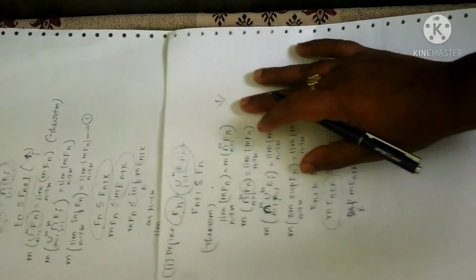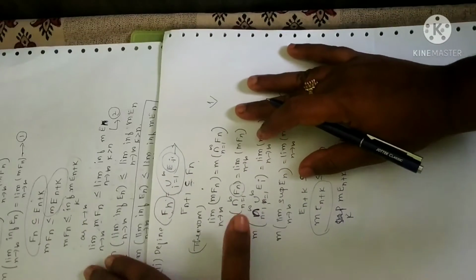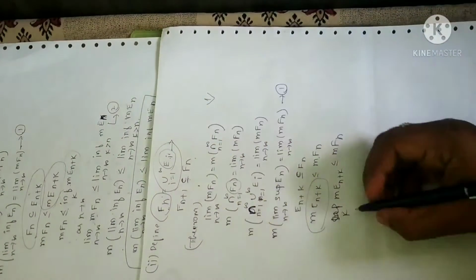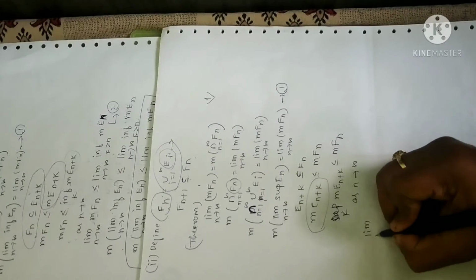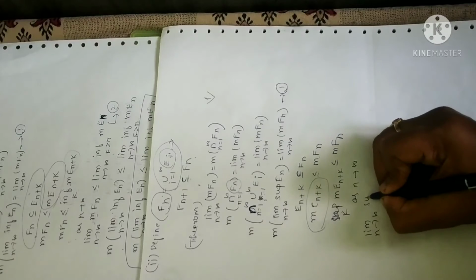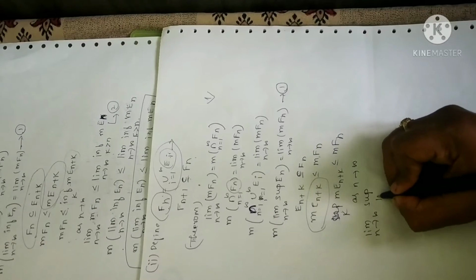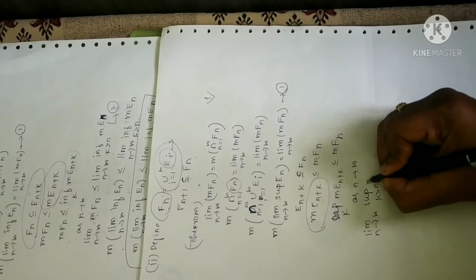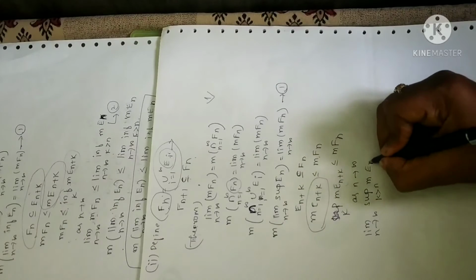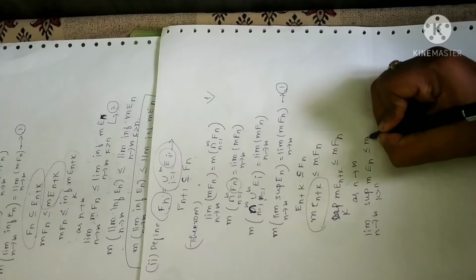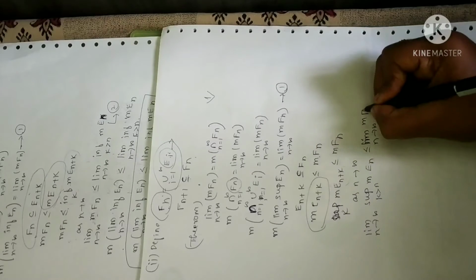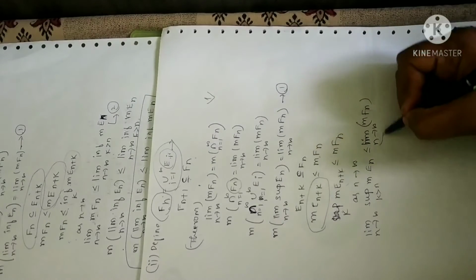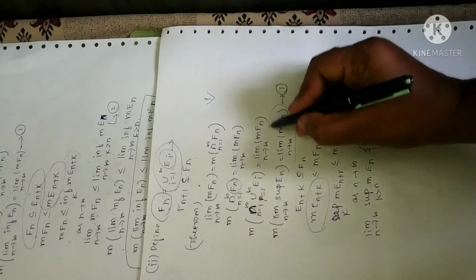Now let me take limit n tending to infinity on both sides. Whatever I have done in the first case, I am doing the same. As n tending to infinity, limit n tending to infinity, supremum over all values of k greater than n of m of E_{n+k} is less than or equal to limit n tending to infinity measure of Fn. Now I am going to replace this value from equation 1.